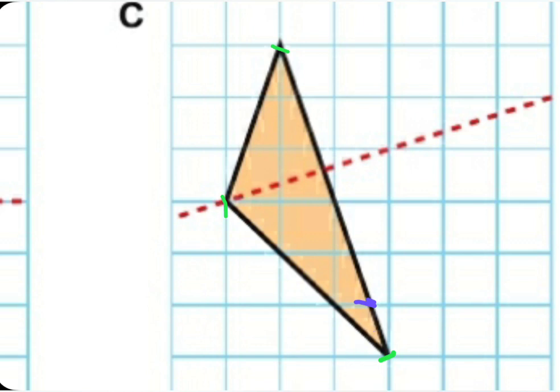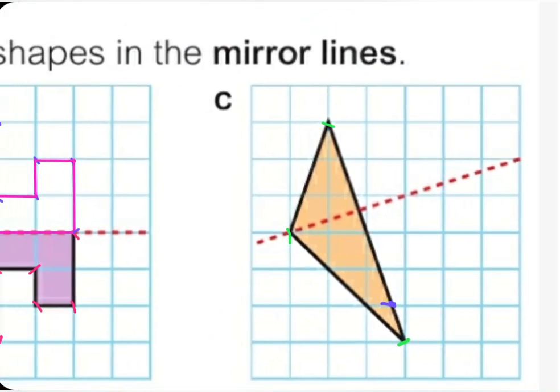This point will be reflected in the mirror line. So I'm going to count 1, 2, 3 and a half. So this is the half, and then 1, 2, 3. So it's going to be here, for example.